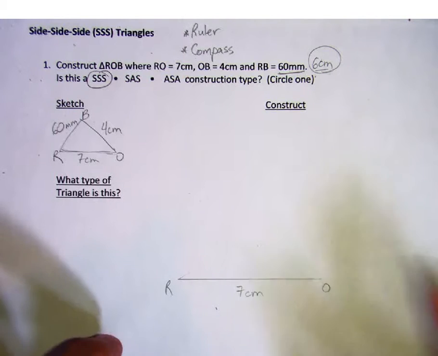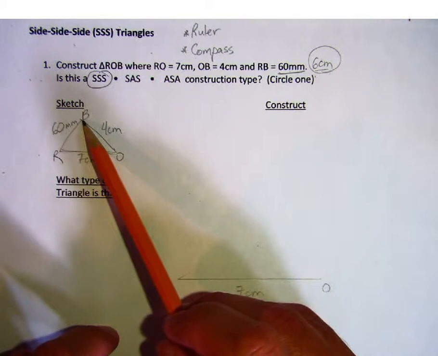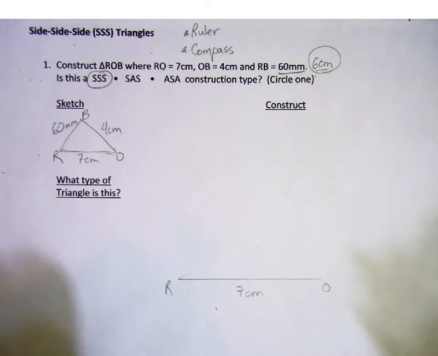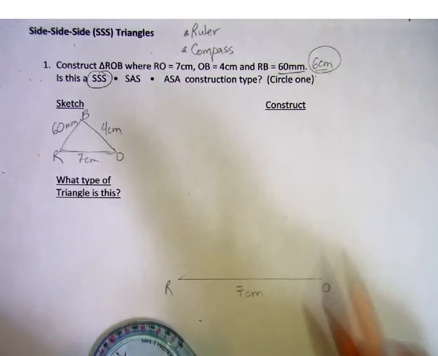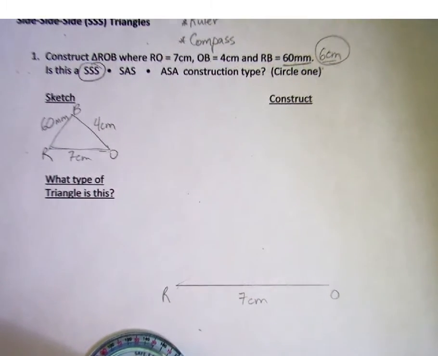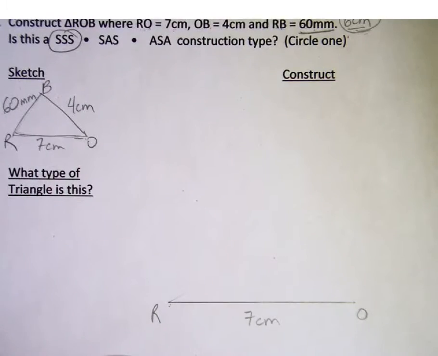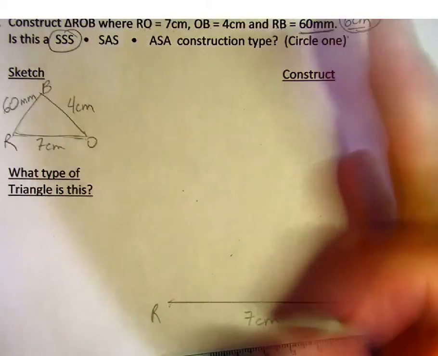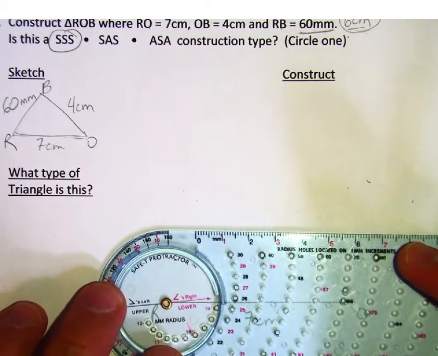It's going to find exactly where this point is that's 60 millimeters from R and 4 centimeters from O. Here's how I'm going to do that. I'm going to take my compass and I'm going to center it at this end of the line, R. Zoom in there and see if that helps. There we go. I'm going to center my compass at the end of the line with the R.